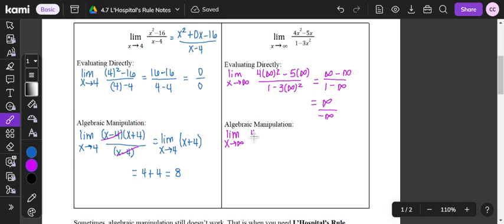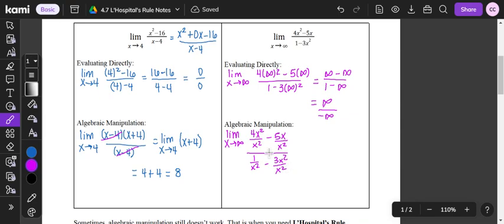So I'm going to write 4x squared, but I'm going to go ahead and divide it by x squared. And then I'm going to subtract 5x, but I'm going to divide it by x squared. Then on the bottom, we have 1 divided by x squared minus 3x squared, and I'm going to divide that by x squared.